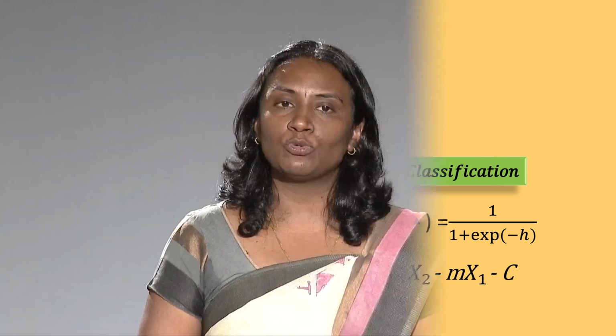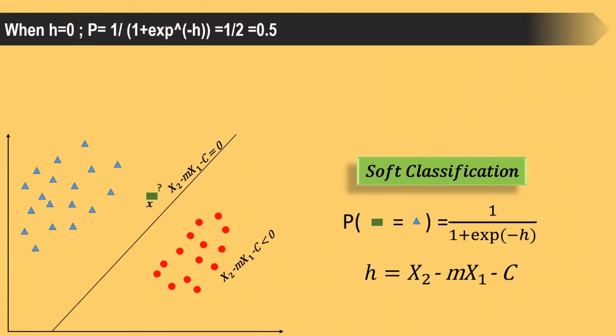If the h value is very large, then the point is in the blue class, and if the h value is very small, then it comes in the red class. For doing soft classification, let us first assume the h value to be 0 in the probability function.